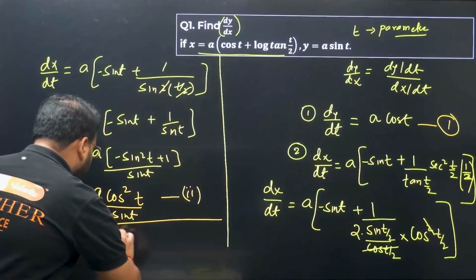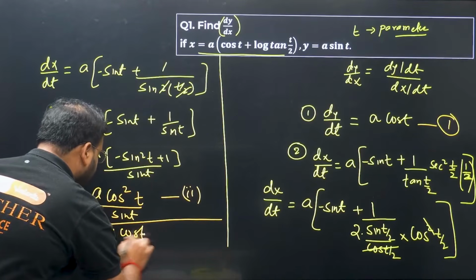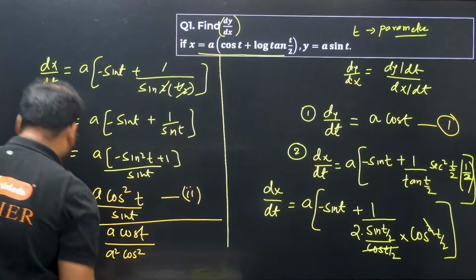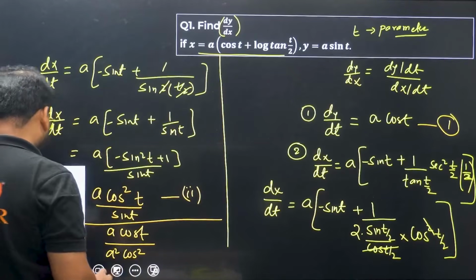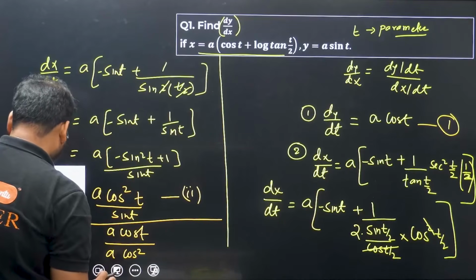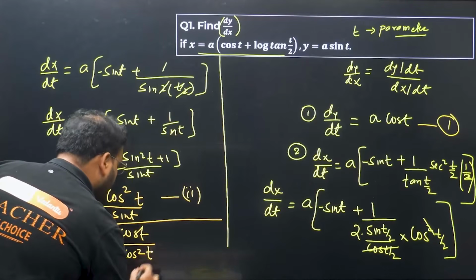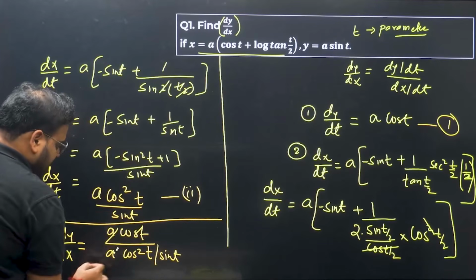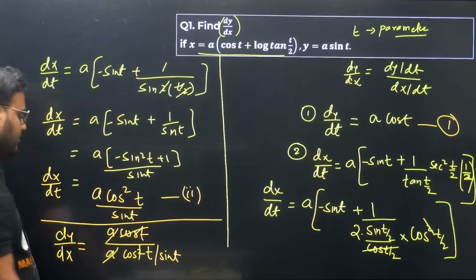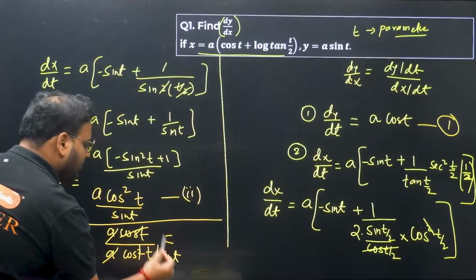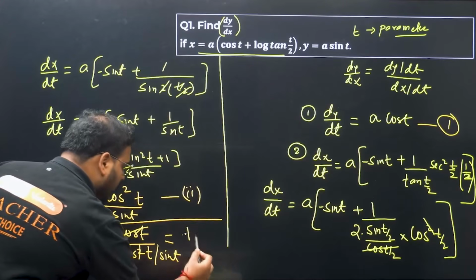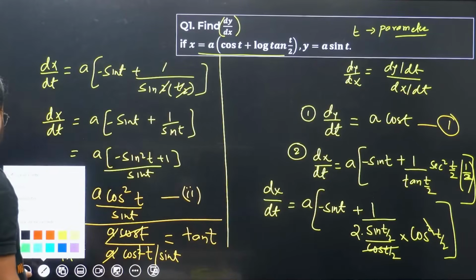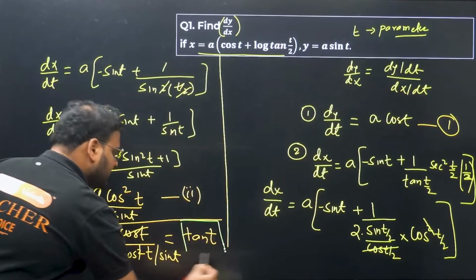So what I get is a cos t divided by a cos square t upon sin t. So a and a cancel, cos also gets cancelled over here with cos square. I'm getting here sin will go up, so sin by cos. Answer is what, dear? Tan t. My final answer is tan t.